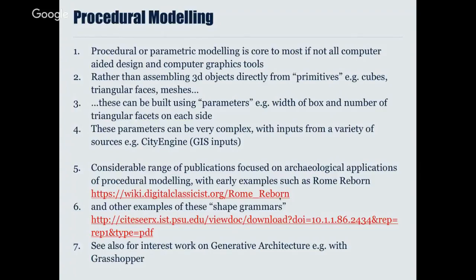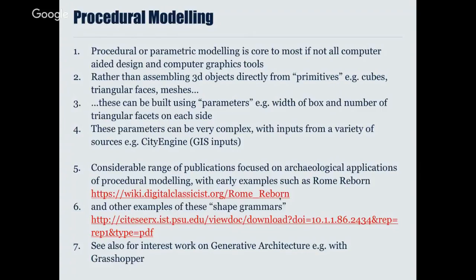But the parameters that are driving the creation of these objects can be extremely complex. So the example of a procedural modeling tool I've got there, City Engine, can use GIS layers, so Geographic Information Systems layers, to define the creation of city blocks entirely automatically. And those city blocks function as if they were made up of individual architectural components.